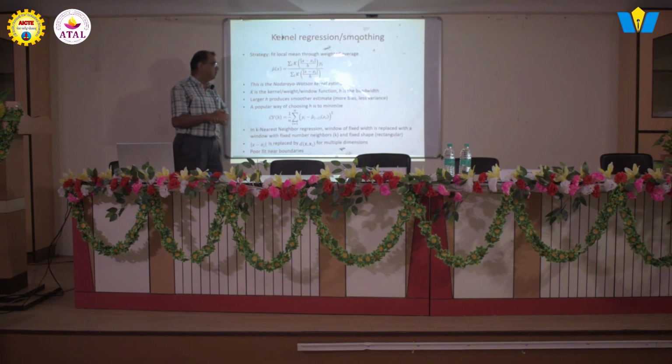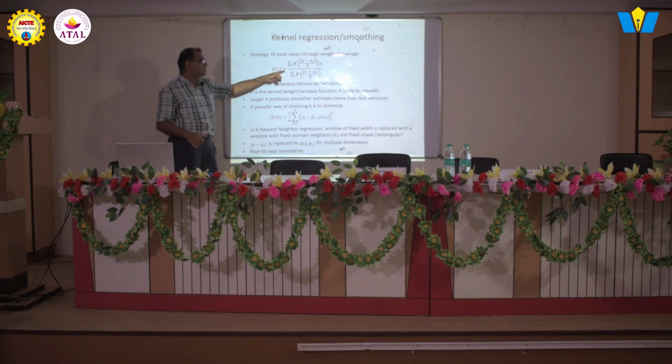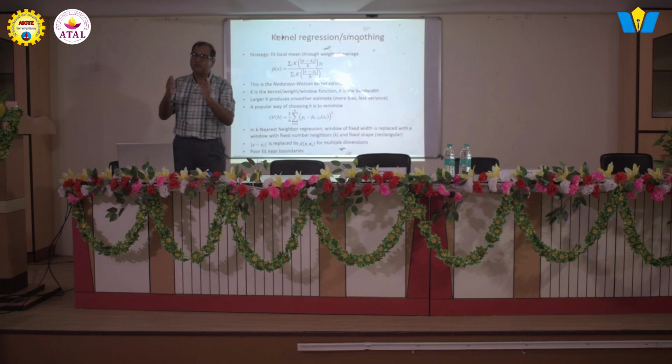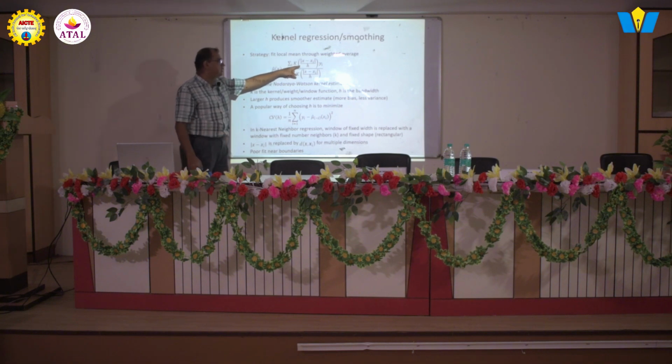The model, the estimate is nothing but an average, a weighted average of the yi values in the data. The data is of the type xi, yi, i equal to 1 to n. That is the form of the data. And then I have a weighted average. Let's say I call this k in wi.